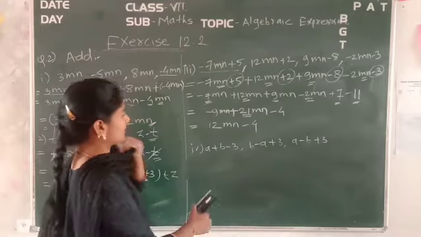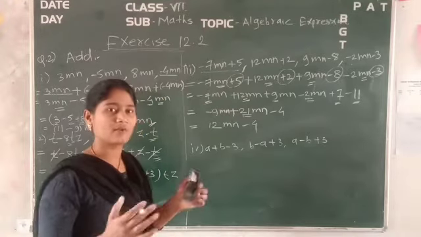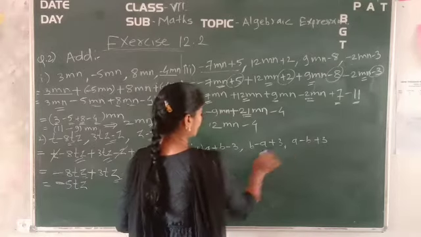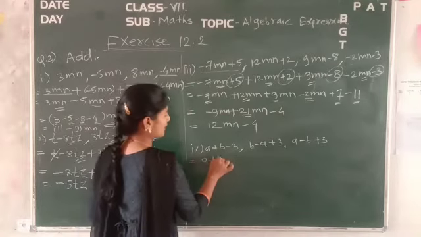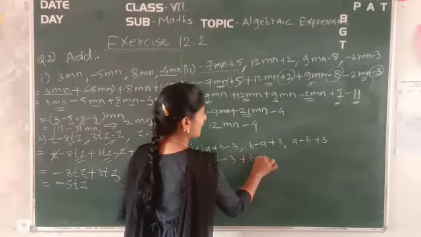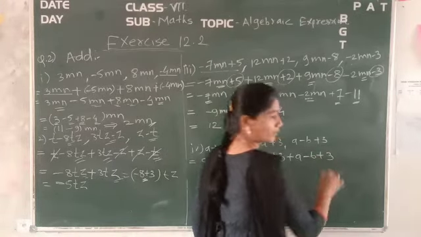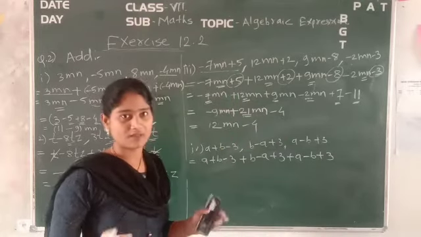Okay, what is the last, that is the fourth question, once we will see. The remaining one that you do. So take the addition between the commas. So do it. That is a plus b minus 3, plus b minus a plus 3, plus a minus b plus 3. So we have taken the plus sign between the commas.